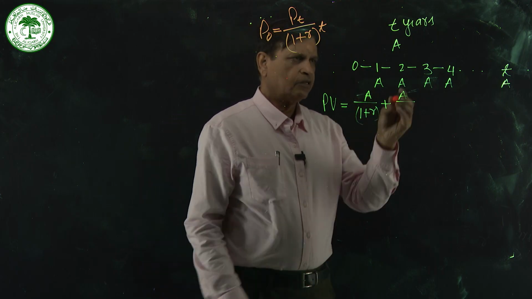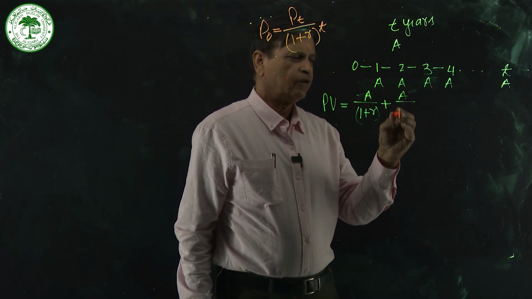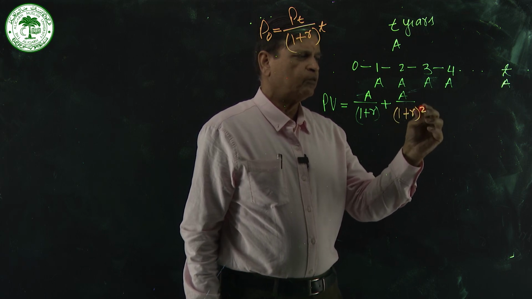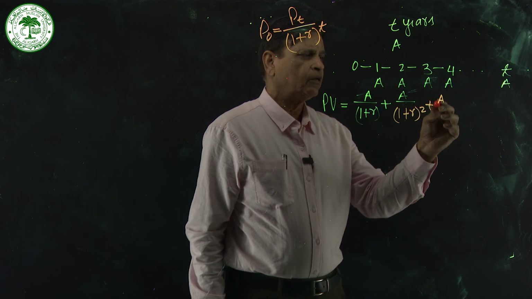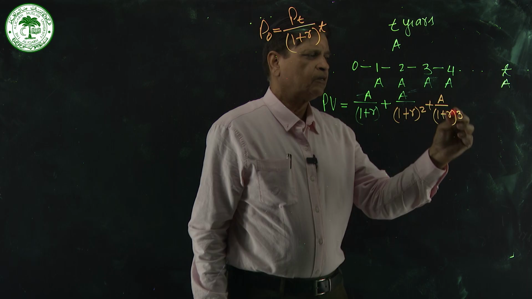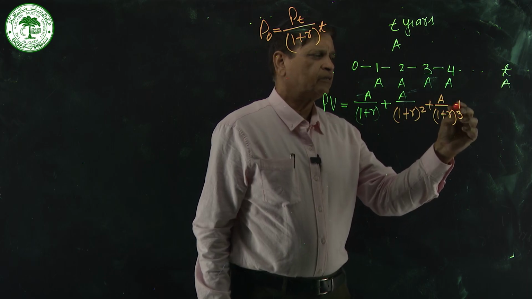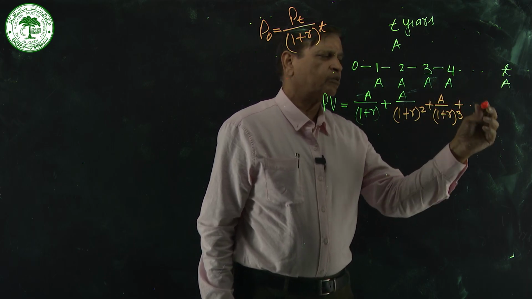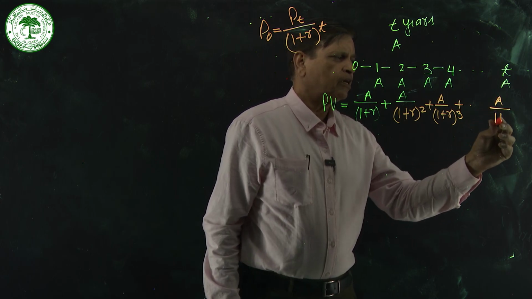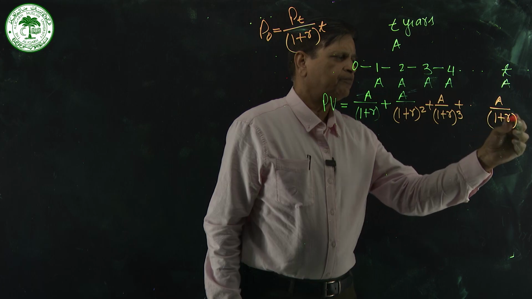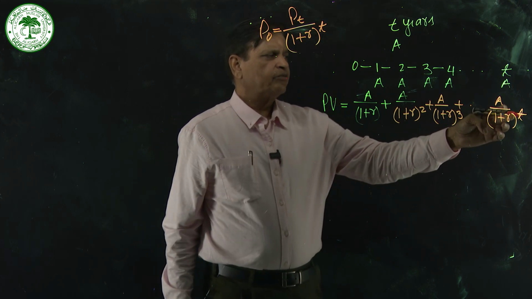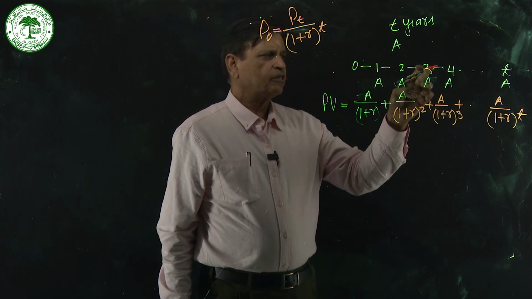In this case, here we'll write A divided by 1 plus R raised to the power 2, and here A divided by 1 plus R raised to the power 3, and likewise we'll not write every one and go to the last one, that is A divided by 1 plus R raised to the power T. So this last one is discounted for T years, and this one is discounted for 3 years.